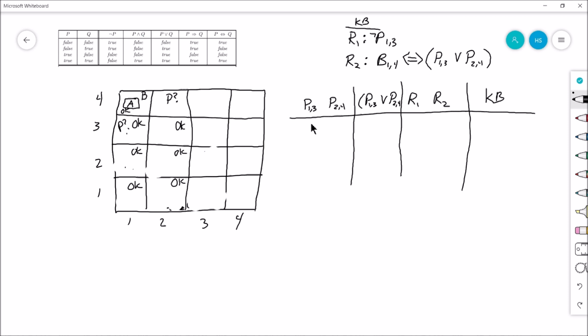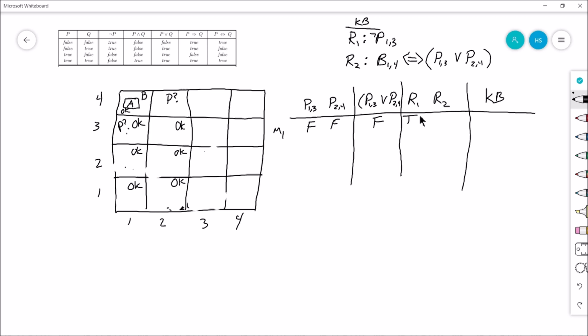Now, how many possibilities do I have here? I only have 4 this time, right? Because P13 is either true or false, P24 is either true or false. So in the first model, M1, we'll assign false to both of those variables. That would make this or false. Now, would R1 be satisfied?